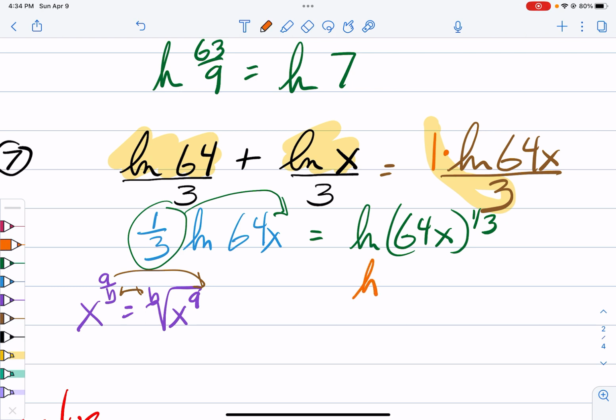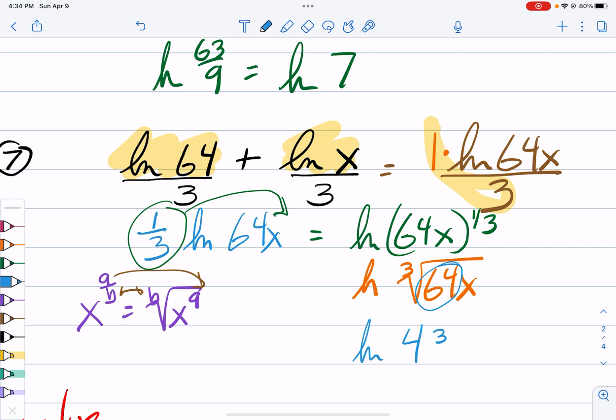So this becomes the natural log of the third root of 64x. Now what also is interesting about this is that you can actually take the third root of 64. The third root of 64 is actually a 4 because 4 to the third power is 64. So part of this particular problem can become a whole number. Our x can't be cube rooted because we don't know what x is, but we're going to leave it as the cube root of x.